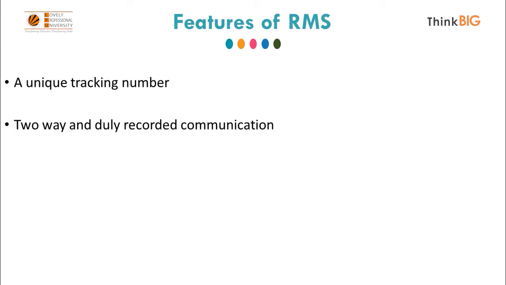Communication through RMS can be two-way and duly recorded for reference. There is a provision given to the students of attachment of the supporting document along with their query. There is also a provision that students can rate the response which they have received from the dealing officials.